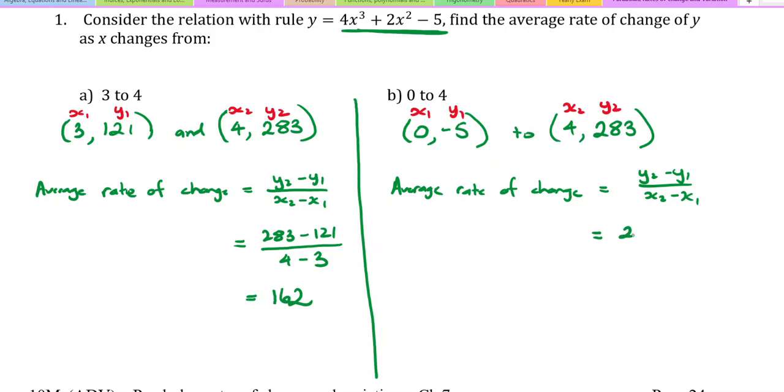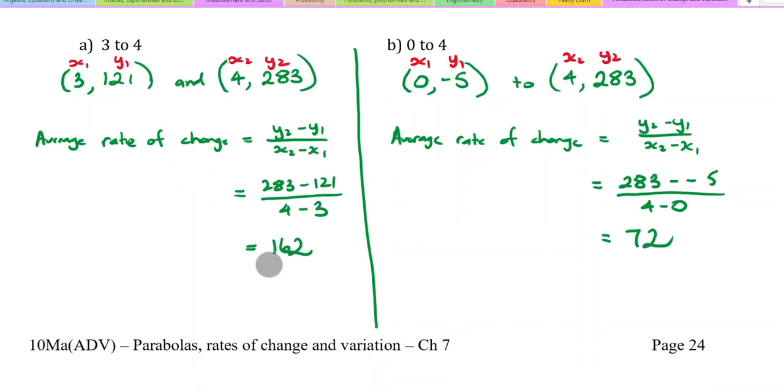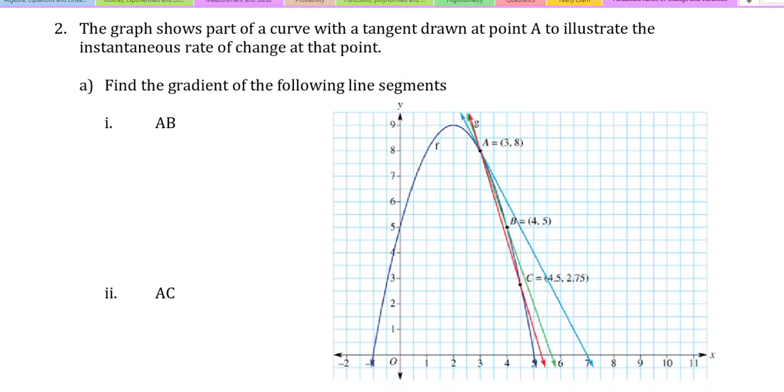So it will be 283 minus 5, which will become a plus 5, over 4 minus 0. That is equal to 72. So in a much shorter interval between 3 and 4, we had a much larger rate of change, but over a bigger space, it has averaged out to be a smaller rate of change of 72. On to the next page, question 2.